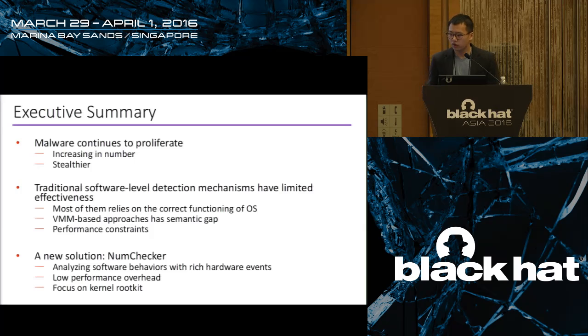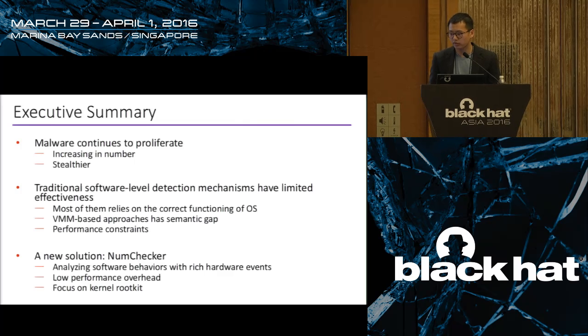Traditional software-level detection mechanisms mostly rely on the correct functioning of the operating system. There are some new approaches based on VMM-based detections. But when you use VMM-based approaches, you have a lot of semantic gaps. There are ways to solve those semantic gaps, but they incur a lot of performance overhead.